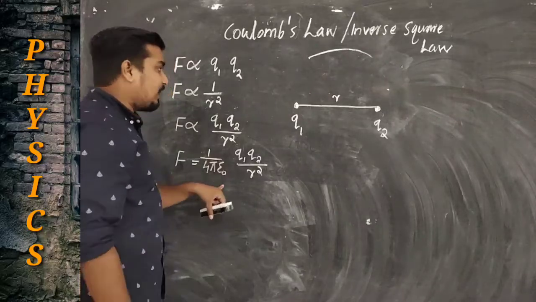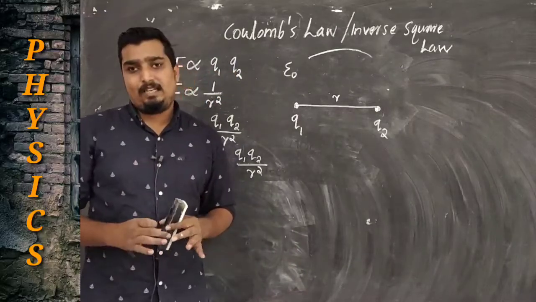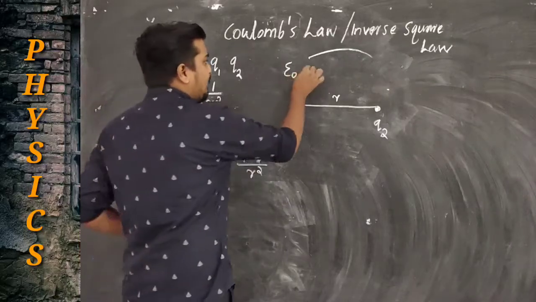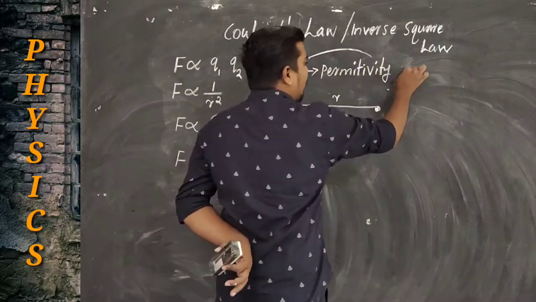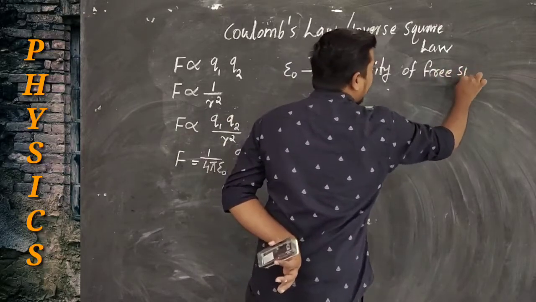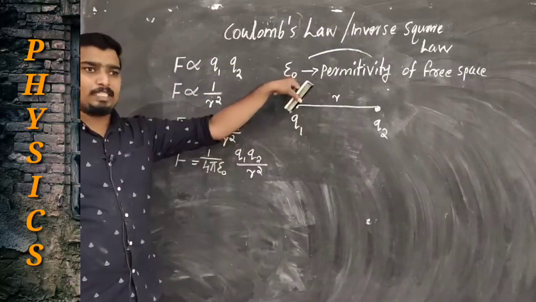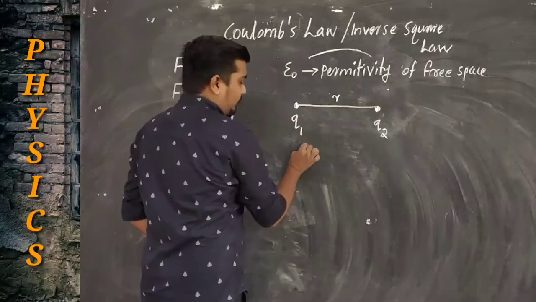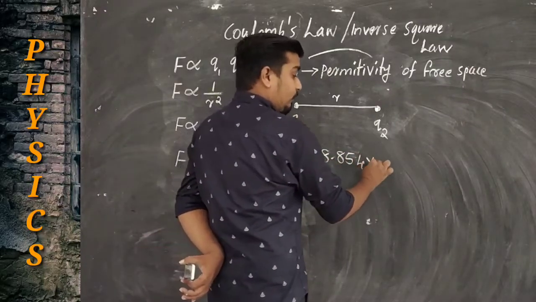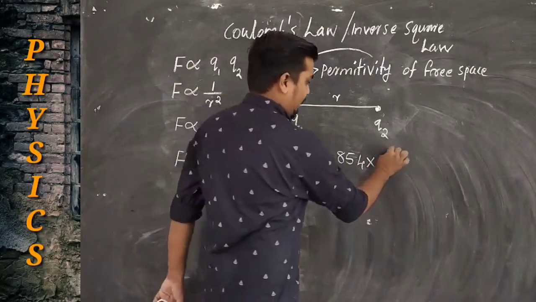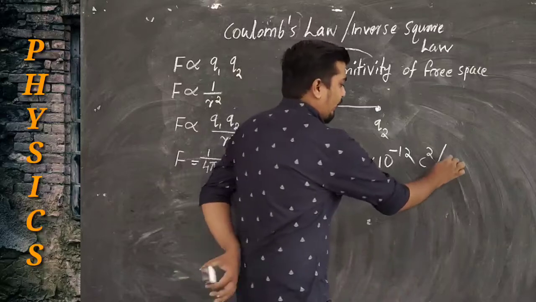Here this epsilon 0 is called the permittivity of free space, and its value is 8.854 into 10 raised to minus 12 Coulomb square per Newton meter square.